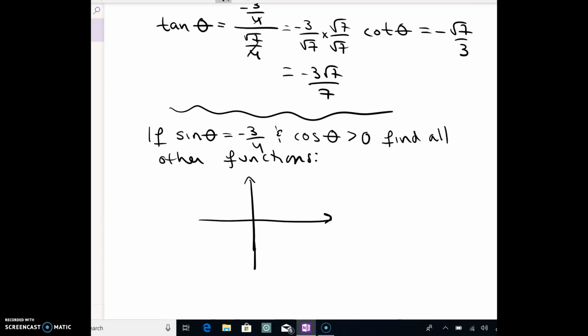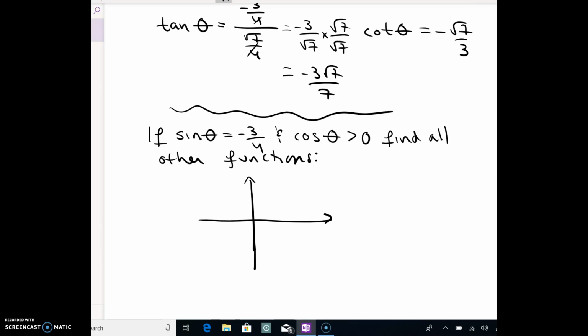So one thing we could do is we could sketch it using right triangles. We also know that sine is the same thing as saying y over r. So we can figure out what this is equal to by using that ratio of y over r.